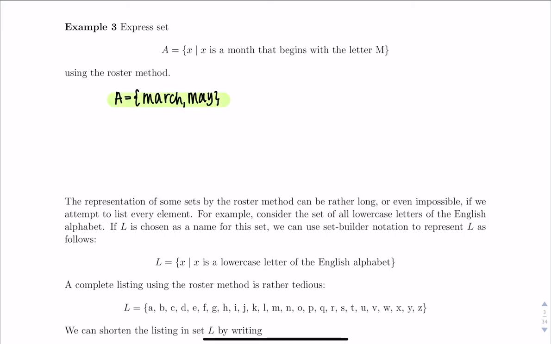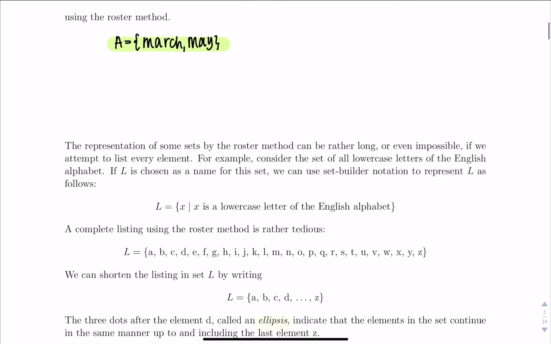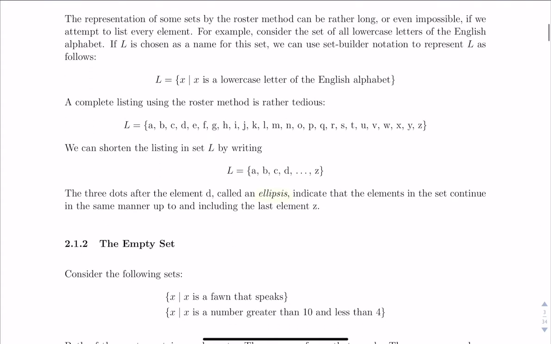The representation of some sets by the roster method can be rather long or even impossible if we attempt to list every element. So let's consider all the lowercase letters of the English alphabet. Nobody wants to write out all of these. So set builder notation tends to be chosen. And so we'd write L equals the set of all X such that X is a lowercase letter of the English alphabet.